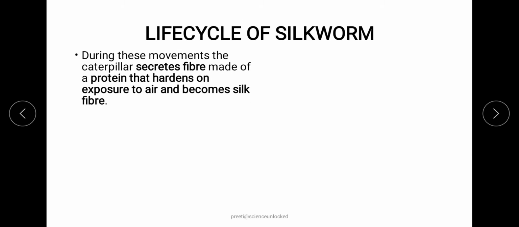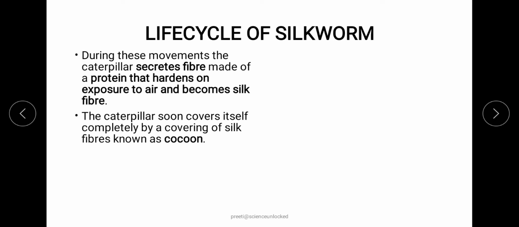This fiber is nothing but the saliva of the larva or caterpillar, and once it hardens, it is the protein that we are looking for, and once it is exposed to the air, it converts itself into the silk fiber.